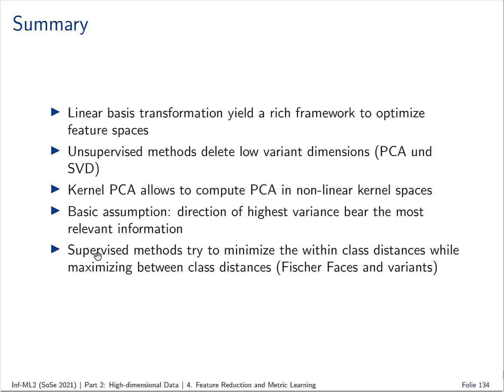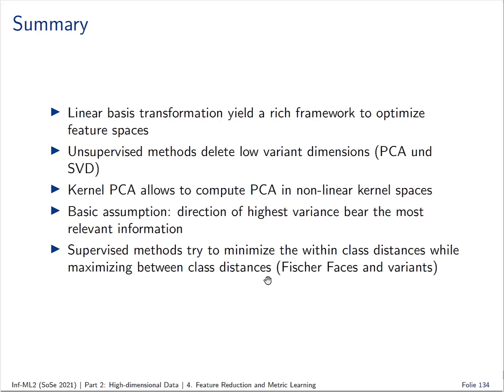We also saw Fisher faces, which are supervised methods that try to minimize the within-class distances and, in parallel, typically maximize the between-class distances. Fisher faces and variants do exactly that, because if we know something about the data, like training data, then we can use that information to not just blindly look for the direction of highest variance.